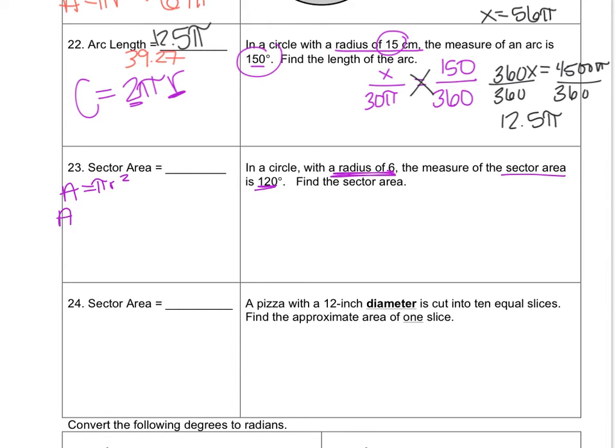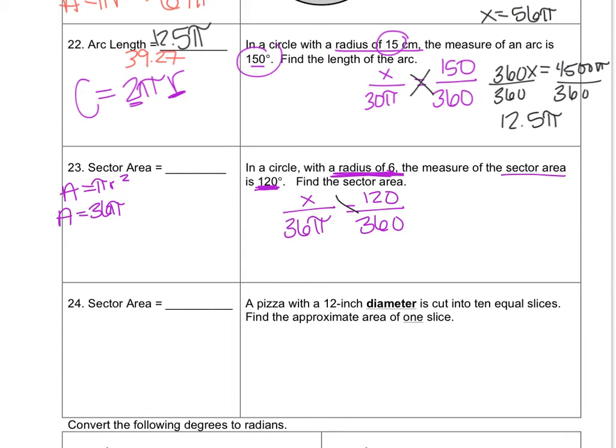So if you plug that in, well, what is your radius? It told you your radius was 6. So 6 squared is 36. And don't forget pi. So we're going to do x divided by the area of the circle, which is 36 pi we just found, equals the number of degrees that we're using, which is 120, divided by 360.